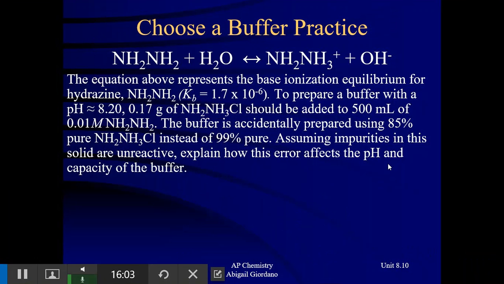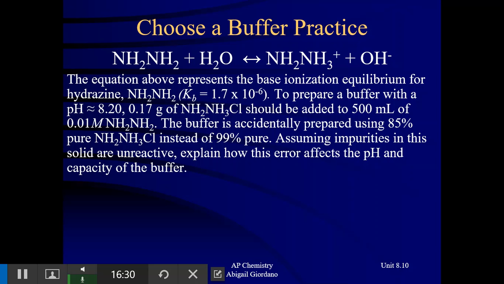Now let's actually read the rest of the question. It says the buffer is accidentally prepared using 85% pure hydrazinium chloride instead of 99% pure. Assuming impurities in this solid are unreactive, explain how this error affects the pH and the capacity of the buffer.